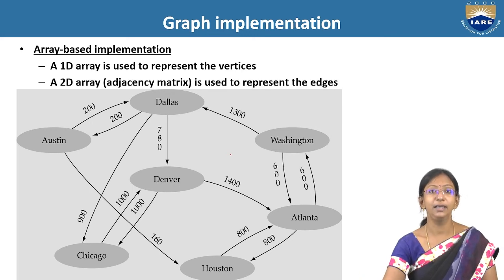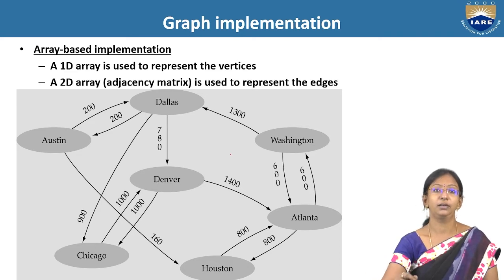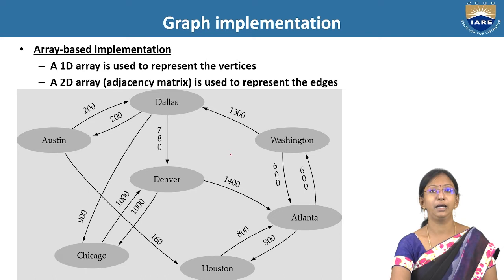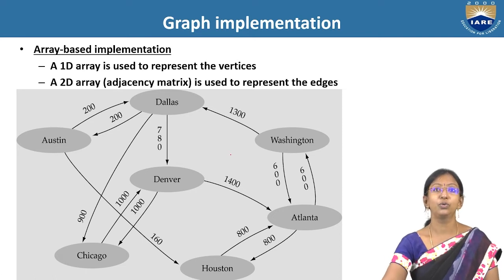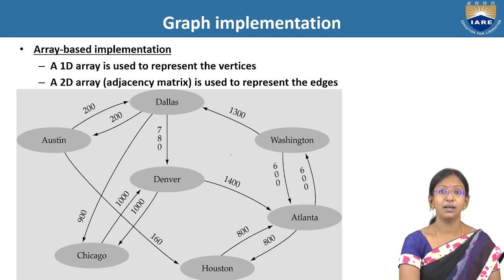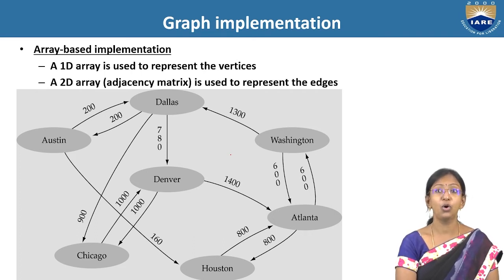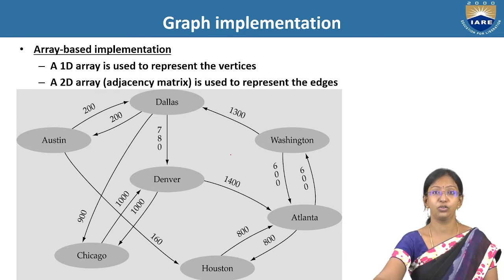Let's first look at the implementation of graphs using arrays. We can implement them using single dimensional or double dimensional arrays. In the one dimensional array, they are used to store the vertices, and the two dimensional arrays are used to store the edges. Have a look at this picture where we have connected Dallas, Austin, Denver, Chicago, Atlanta, and Washington.